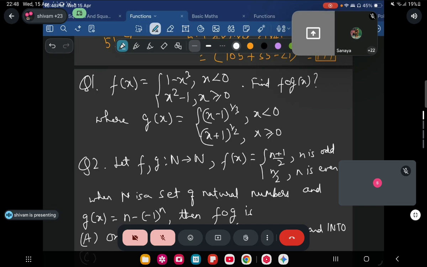Option C, many-one and into. And option D, many-one and onto. Solve. Okay, quickly solve, everyone.